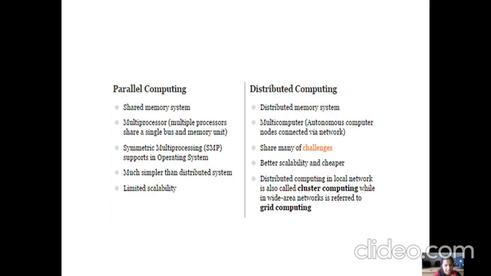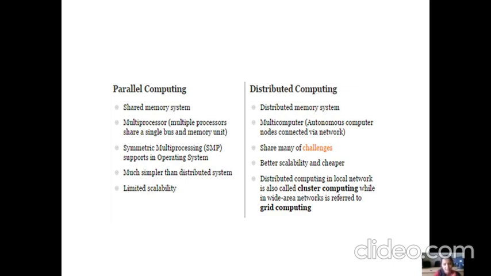Okay, in parallel computing, there is symmetric multiprocessing (SMP). Symmetric multiprocessing is nothing but SMP support in the operating system. Here they have many challenges. So parallel computing is much simpler than a distributed system.